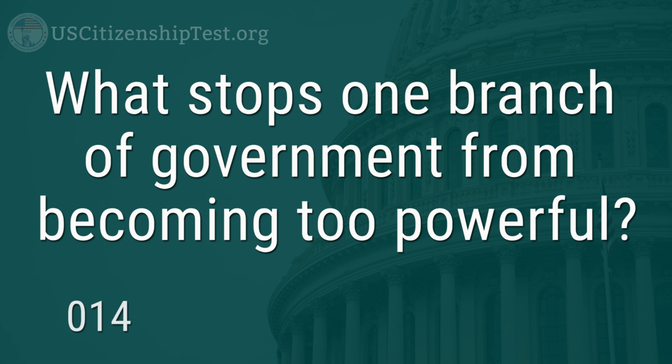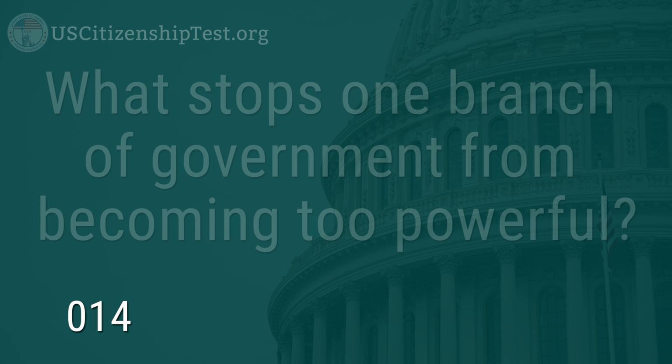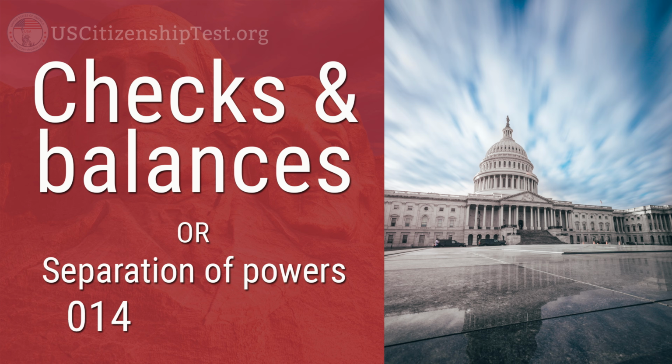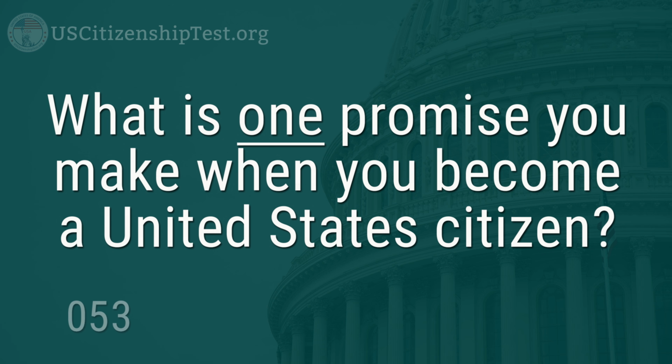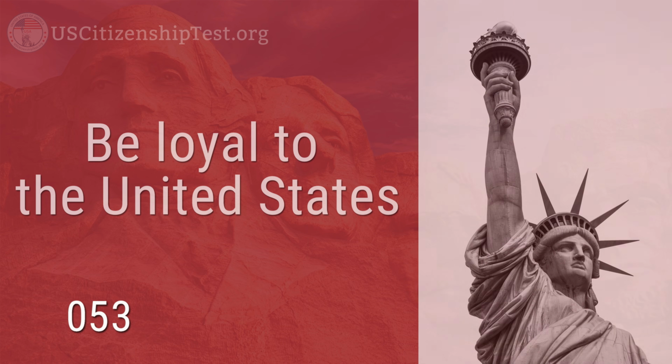What stops one branch of government from becoming too powerful? Checks and balances. What is one promise you make when you become a United States citizen? To be loyal to the United States.